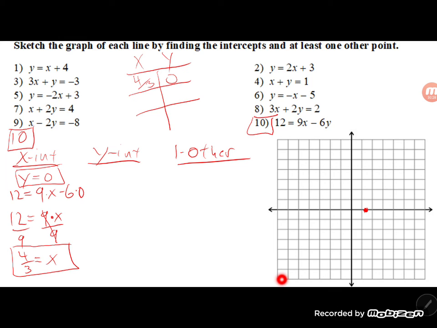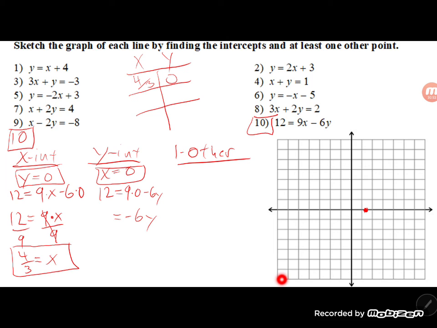Okay, let's go ahead and find the y-intercept. So the y-intercept, remember, x is now going to be equal to 0. I'm going to plug in x equals 0 to the equation. I have 12 is equal to 9 multiplied by 0 minus 6y. And I see 9 times 0, well, that's easy to calculate. Let me go ahead and get rid of that.